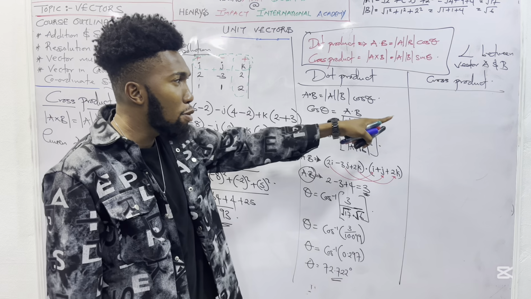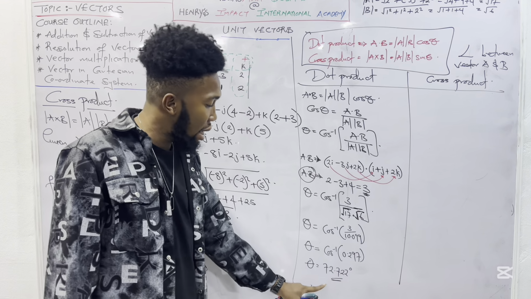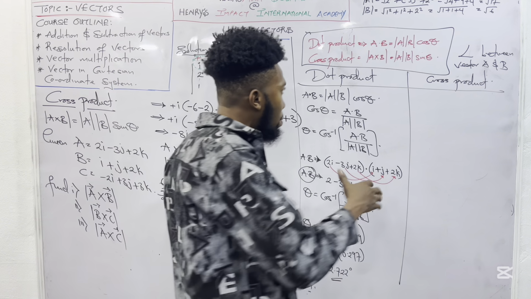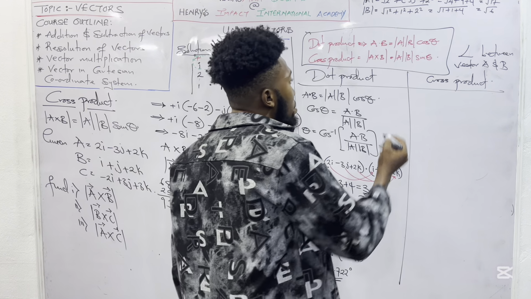Now if you apply the cross product method, you are still supposed to get an approximate value to this. So let's apply it quickly.